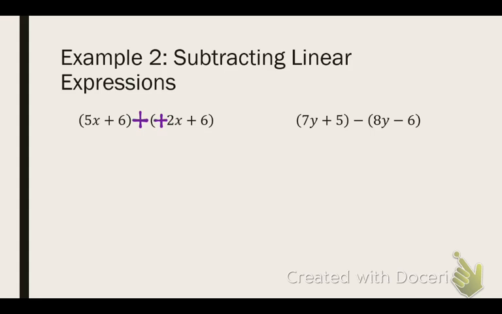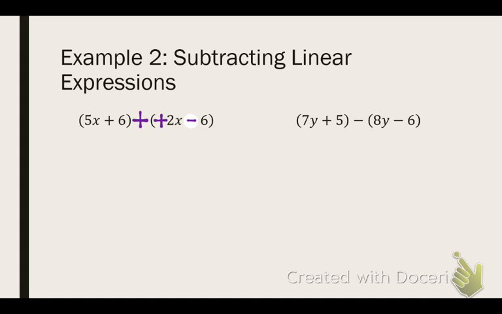Now it's not positive 6, it's negative 6. It's going to take a little bit of getting used to. Okay? If we see a subtraction sign in front of a group of numbers in parentheses, we will change that to an addition sign and make every term inside the parentheses the opposite.